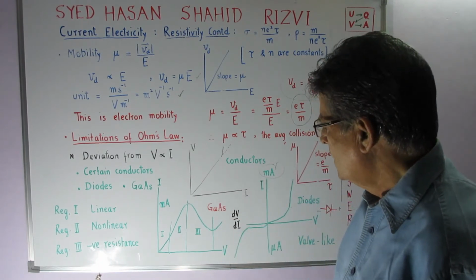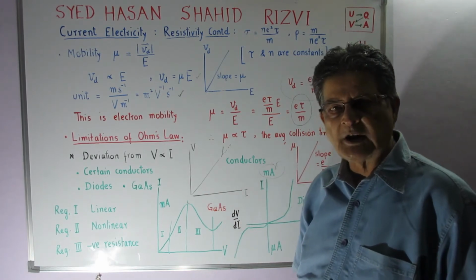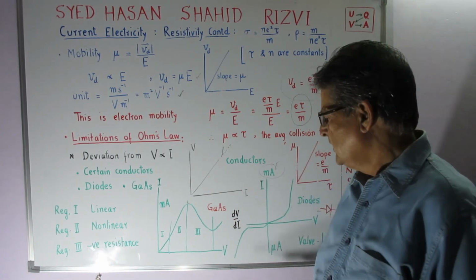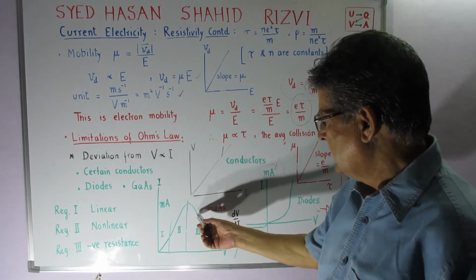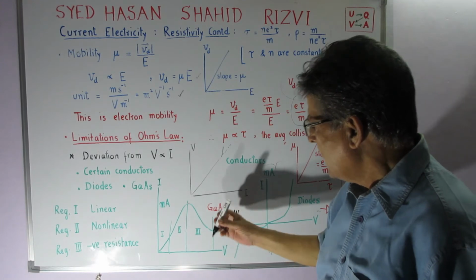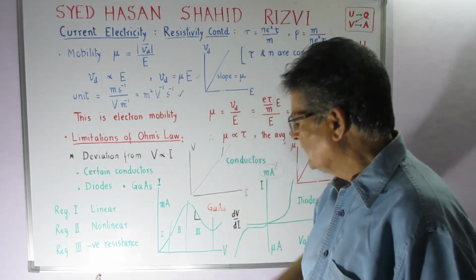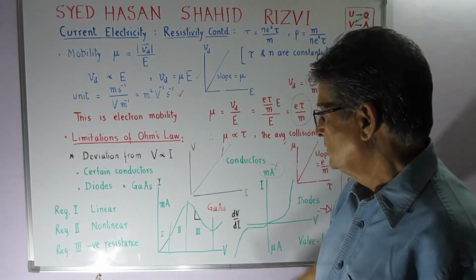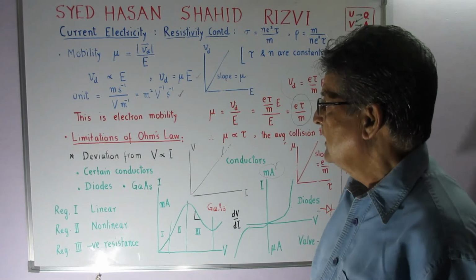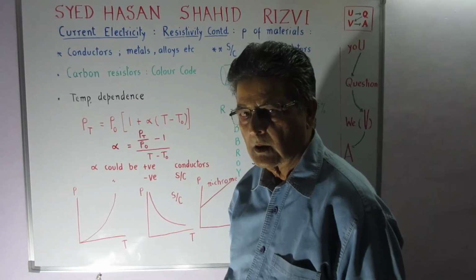So it can never happen that V upon I is going to be negative. But dV upon dI, as you can see at this point, I is decreasing when V is increasing, which shows negative resistivity and negative resistance. We will talk more about it.